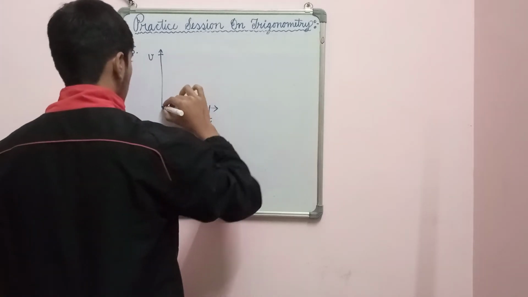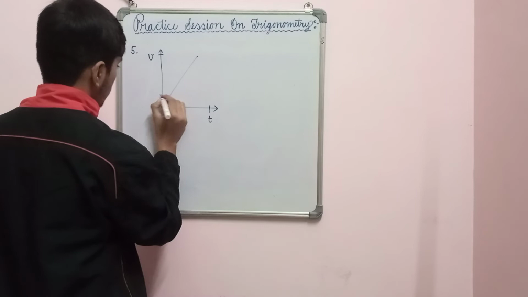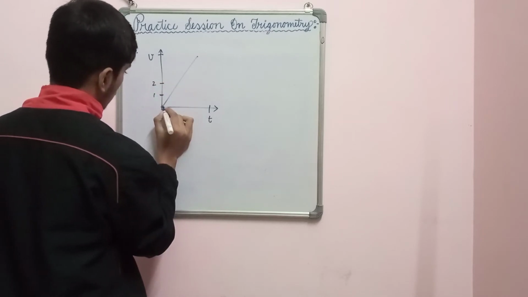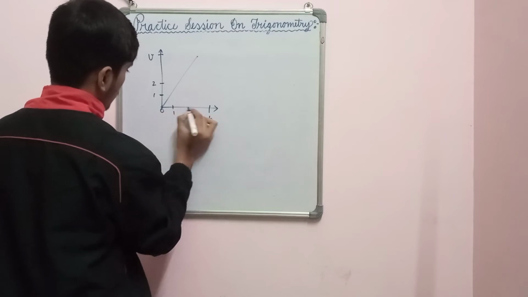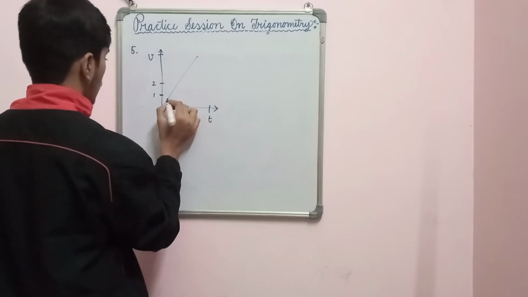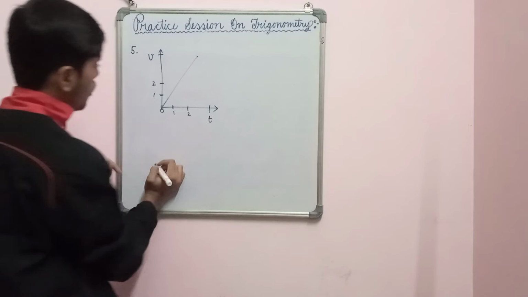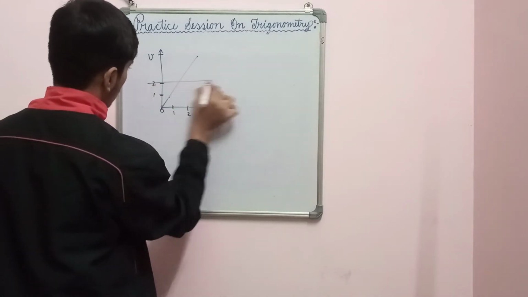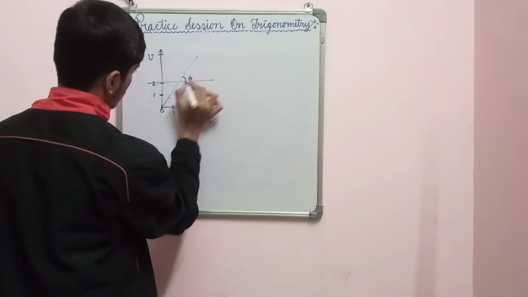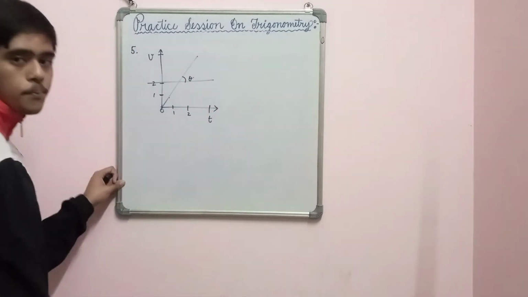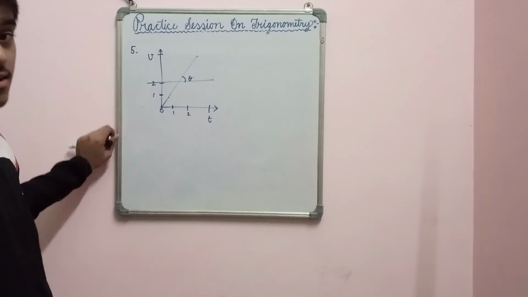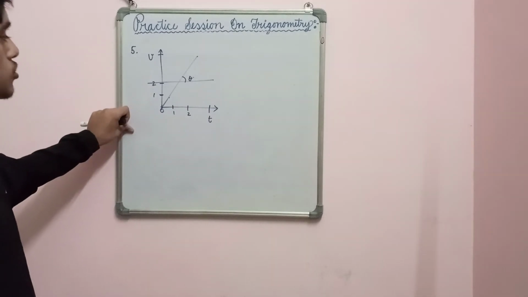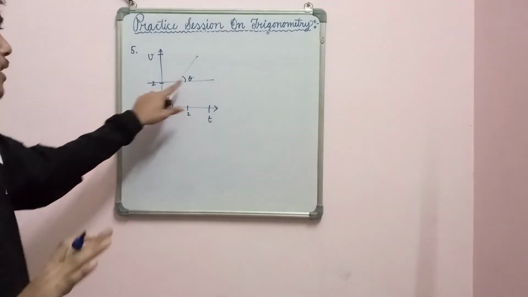Now here is 1, here is 2, here is 0, here is 0, here is 1, and here is 2. Okay. Now you have to find this value of theta. This value of theta. And you have to find the slope. So first we need to find the theta.